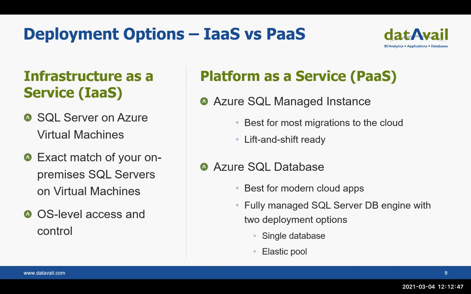The next one is Azure SQL Database. They are best for modern cloud apps, and they are a fully managed SQL DB engine with two deployment options: the single database and the elastic pool. It's critical to highlight that in this webinar, in this presentation, we will focus on Azure SQL Database.